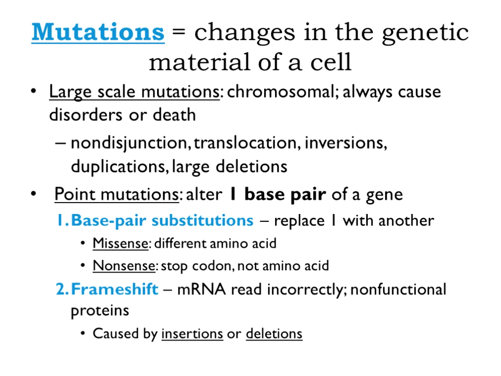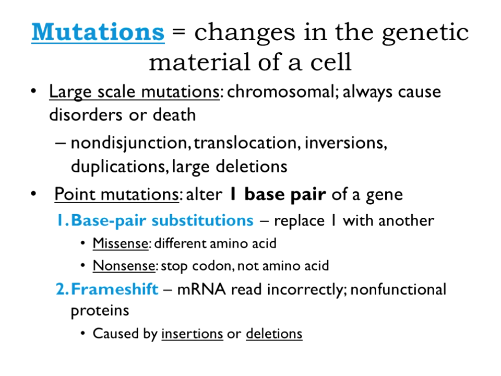Point mutations, on the other hand, are going to be a smaller scale. They can have major effects, but they're also more likely to not have as significant effects. So this is where one base pair of the gene is changed. So a base pair substitution is where one of the base pairs is replaced with another. A missense base pair substitution is going to be where that replaced base pair gives us a different amino acid.